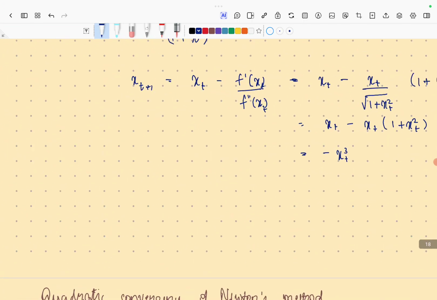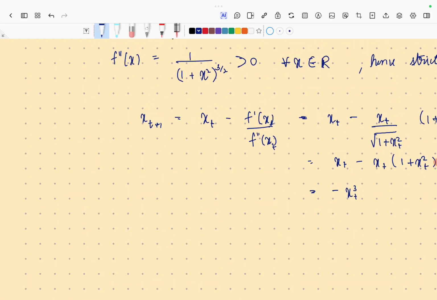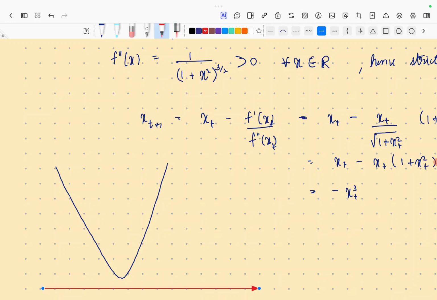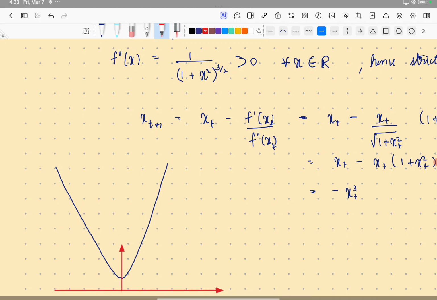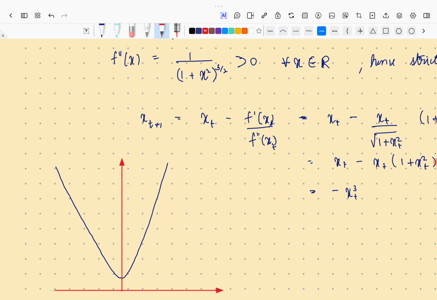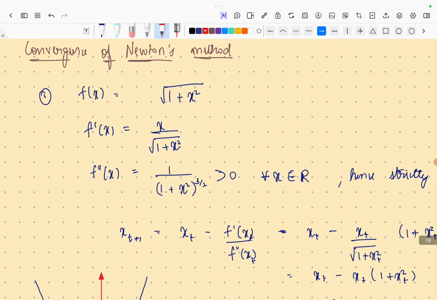So if I plot the function f of x, it will look something like this. By the way, what is the minimum of f of x? It's 1 and it's achieved at x equal to 0.